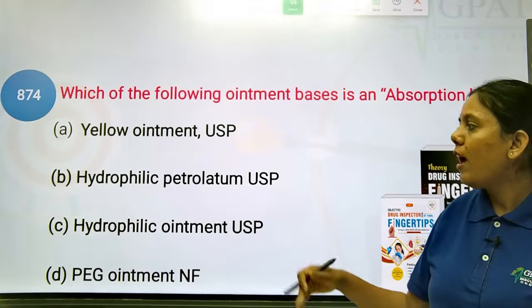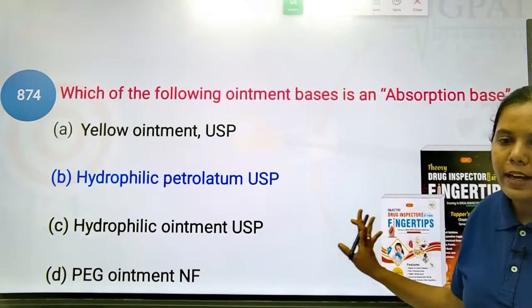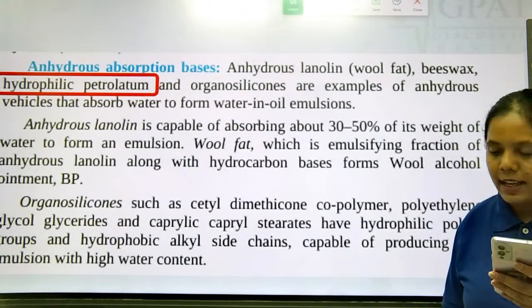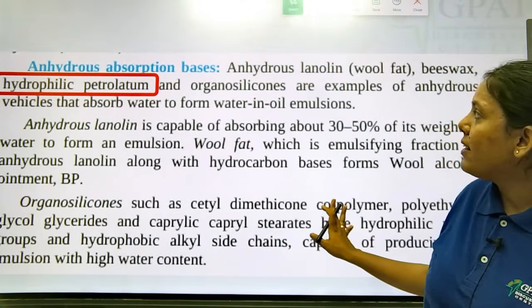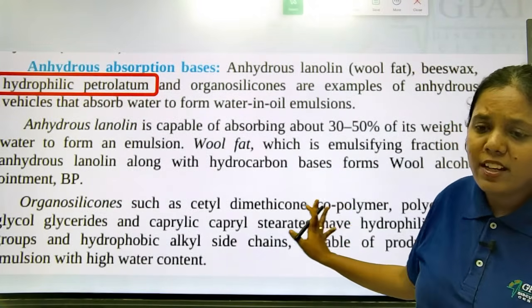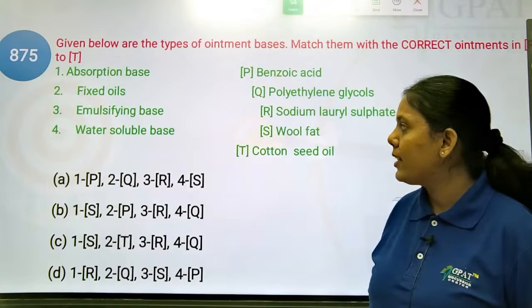Absorption base is your hydrophilic petrolatum USP. Option B is the right answer. Very good. So examples are your anhydrous lanolin, which is nothing but wool fat, and everything is there.